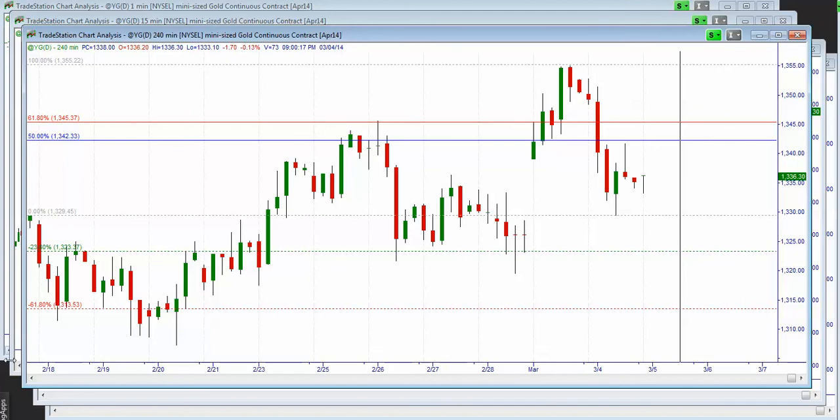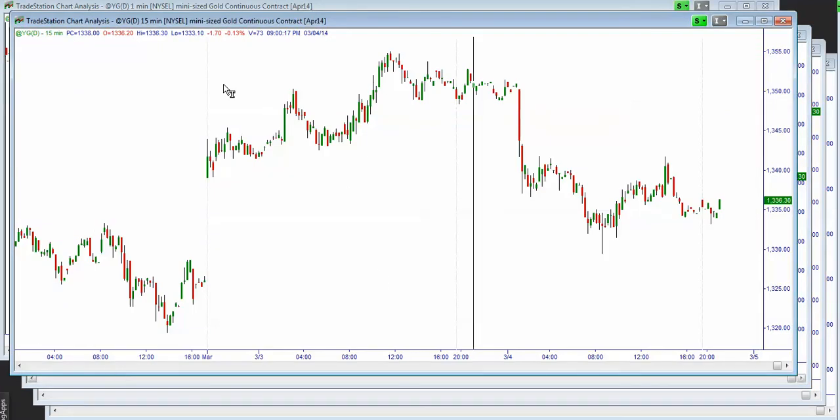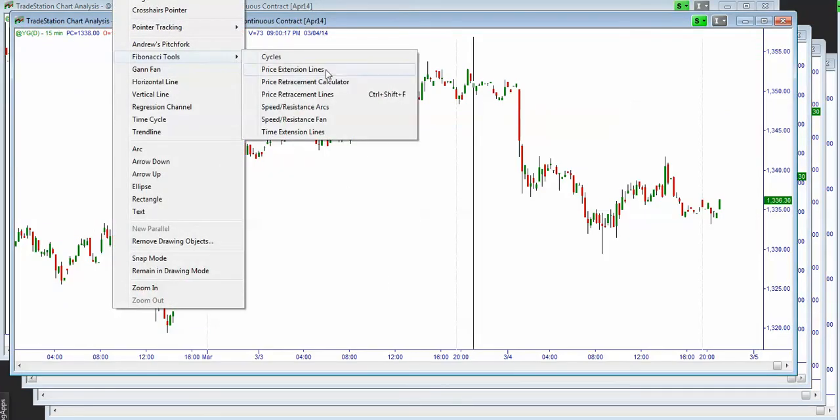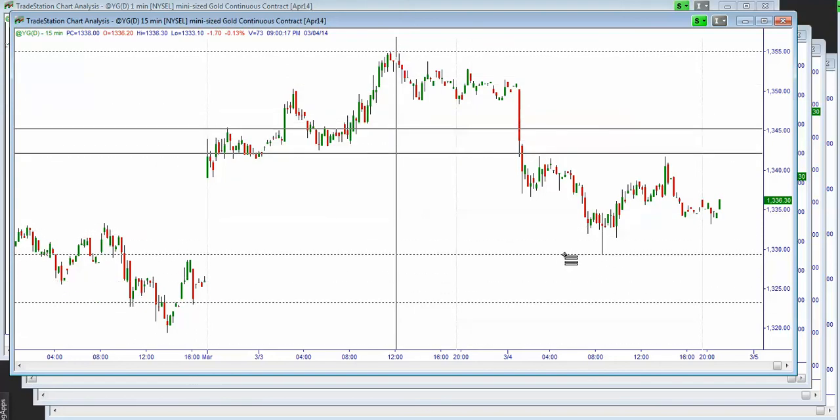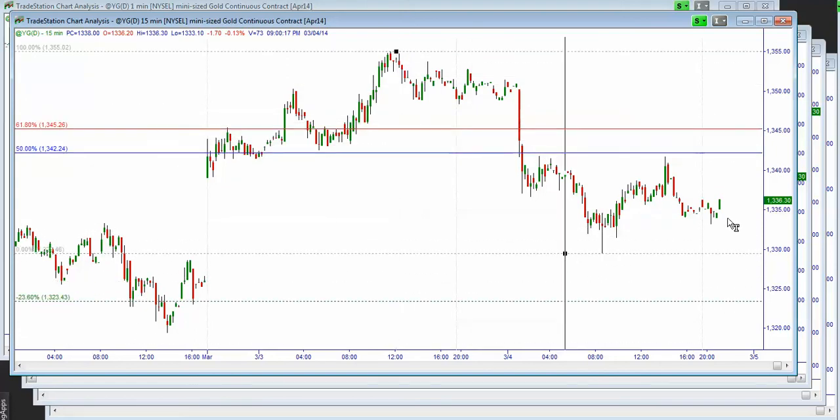On the 15 minutes, I can show you the sequence of measure move and how it played out. If you played this sequence, you would still be in this trade. If you traded the actual entry and stop on the 15 minutes, you would already have a free risk trade here.